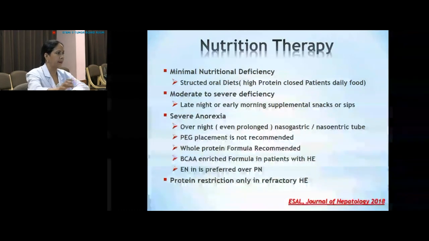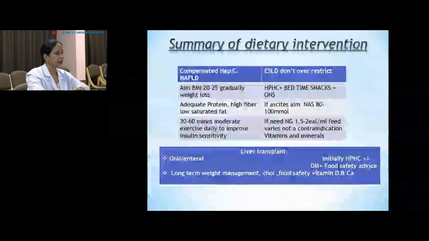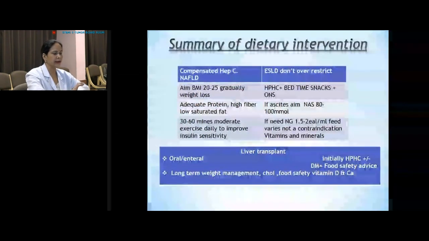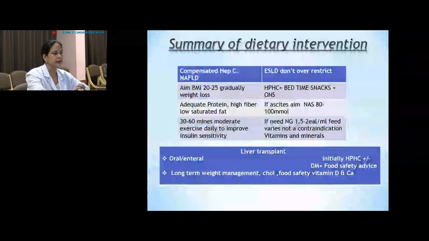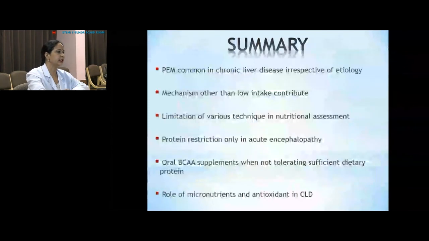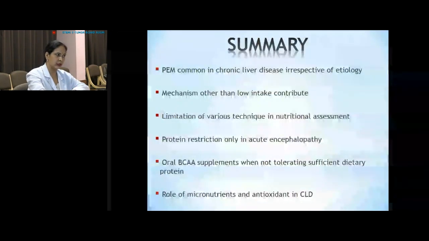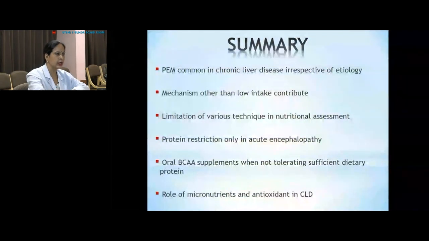Summary of the dietary intervention: whatever I said, patients need to be evaluated for nutritional assessment, covered for deficiencies, and covered for protein-calorie malnutrition. Protein-energy malnutrition is common in liver cirrhosis, and mechanisms other than low intake contribute to deficiencies, so this needs to be taken care of.